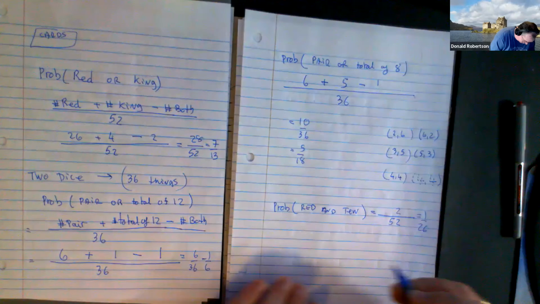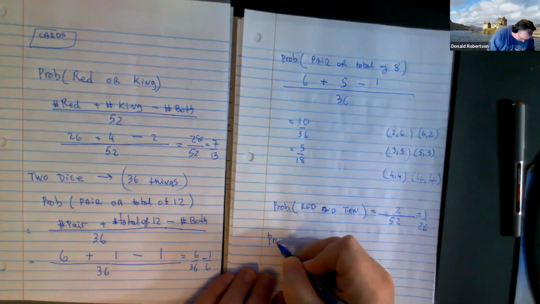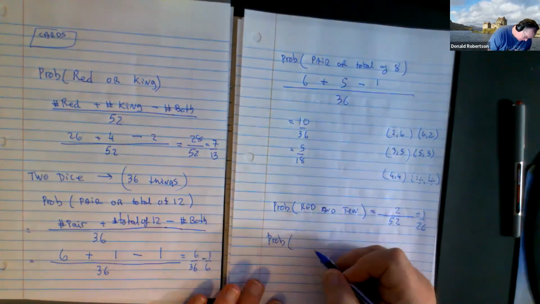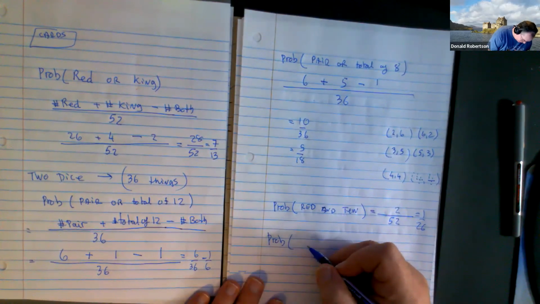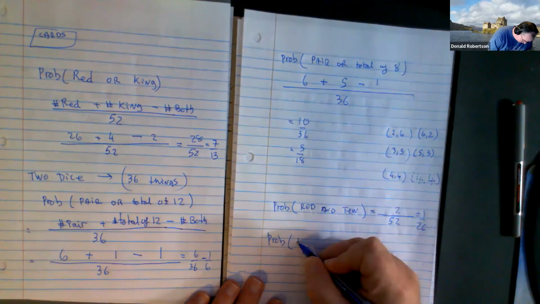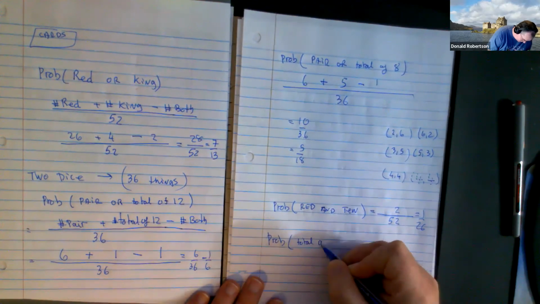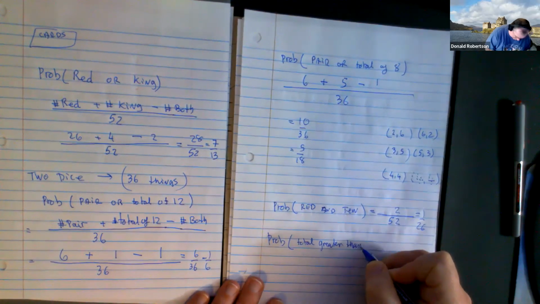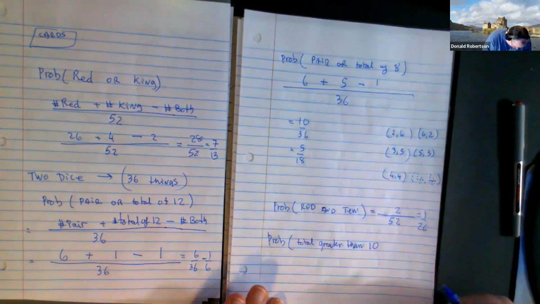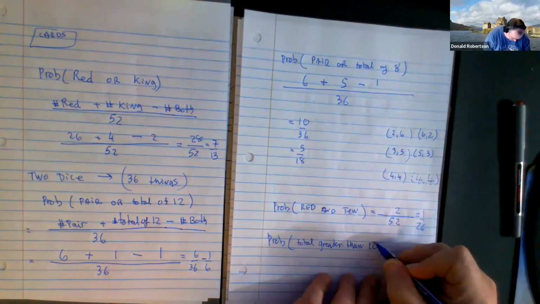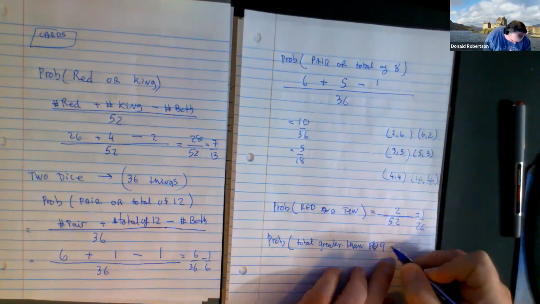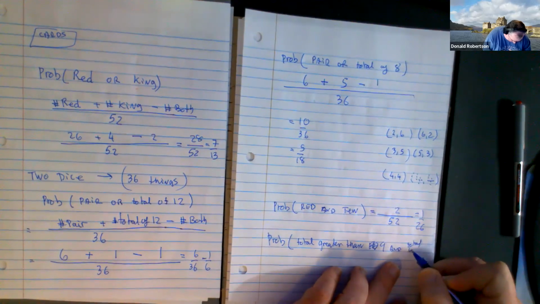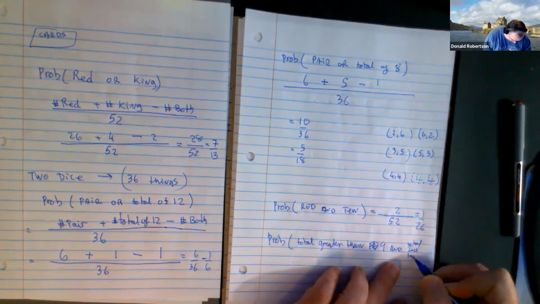And we'll do a dice one then. What's the probability that you have a total greater than 9, and total less than 12?